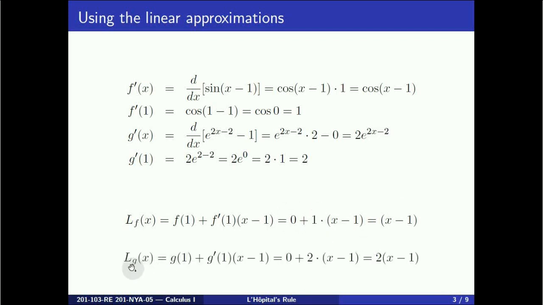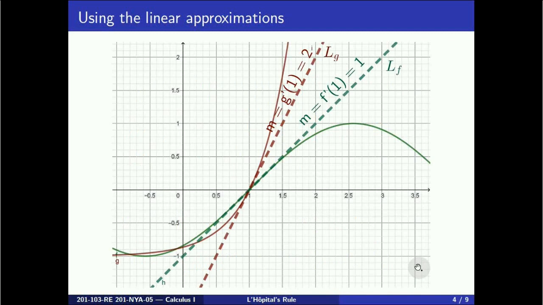The linear approximation for g is similarly g of 1 plus g prime of 1 times x minus 1, and we had seen that g of 1 was 0 and g prime of 1 was 2, so that's going to be equal to 0 plus 2 times x minus 1, so 2 times x minus 1. The following graph illustrates f in green and g in red.